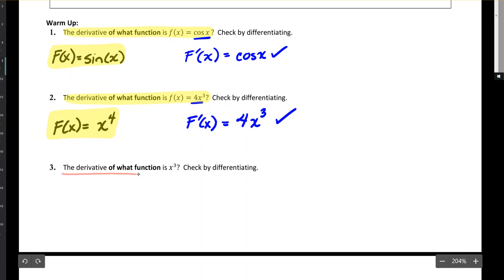Lastly, the derivative of what function is x cubed? All right, so I hope you paused it. This one takes perhaps a little bit more creativity than example 2. Perhaps you came up with something like this: the derivative of 1/4 x to the 4th.